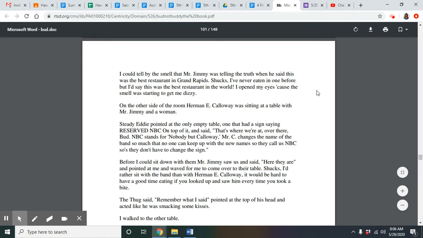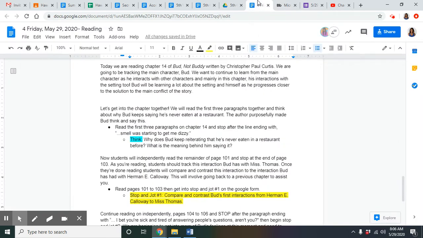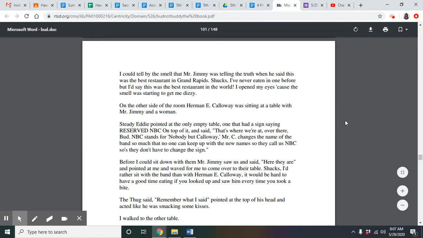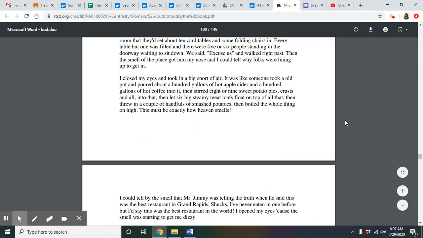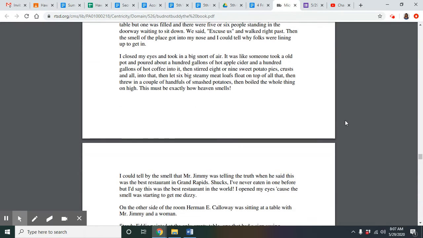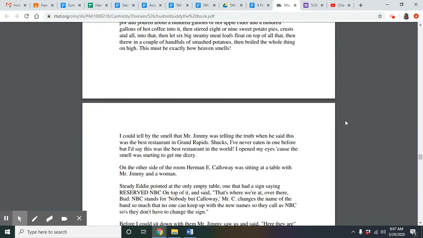Now, why do you think Bud keeps reiterating here that he's never eaten in a restaurant before? What is the meaning behind him saying it? When he keeps saying this over and over, from chapter 13 to chapter 14, it gives us the bigger picture of Bud as a character, and that he doesn't really have much in his life.